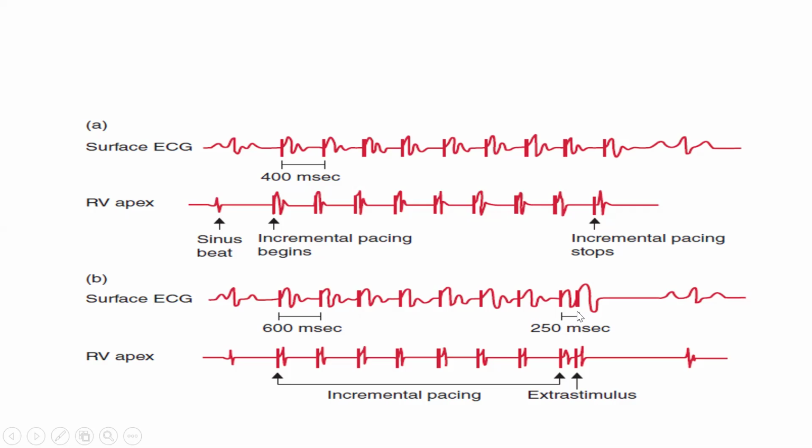So we know the beat will be faster than the pacing rate at 600 milliseconds. If you are pacing at 600 milliseconds, that is 60,000 divided by 600, which would be 100 beats per minute, right? Yes, 100 beats per minute. Now you reduced the duration to 250 milliseconds. So what rate would that be now?